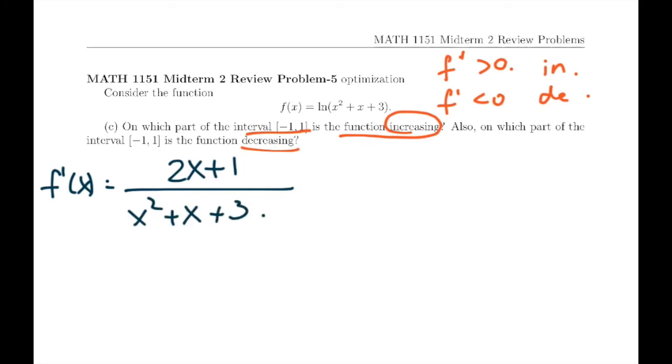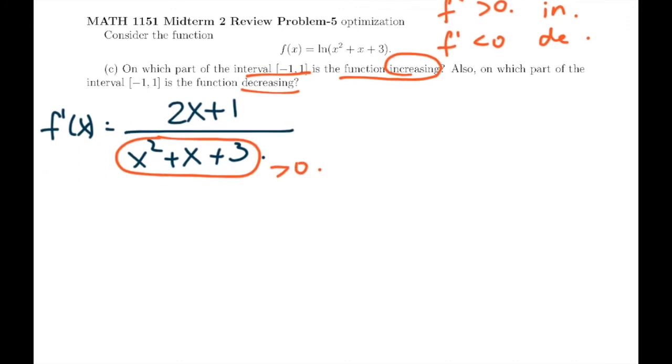Now we can see this is a fraction function, and by using the same technique as in the second part, the perfect square technique, we can show that this denominator is always positive. You can check this on your own. So it is sufficient to just look at the numerator.